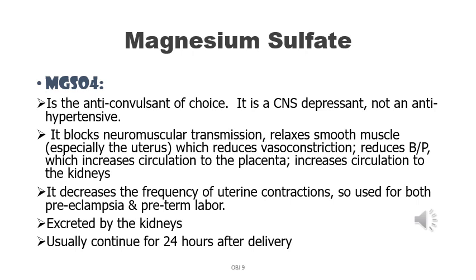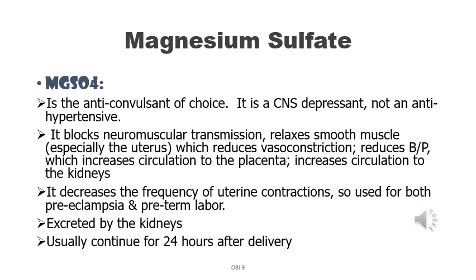So we'll talk about magnesium sulfate. This is the medication that we use to treat preeclampsia. It is the anticonvulsant of choice. It is a CNS depressant. It is not an antihypertensive. Okay? Please remember that. It blocks neuromuscular transmission, relaxes smooth muscle, especially the uterus, which reduces vasoconstriction.